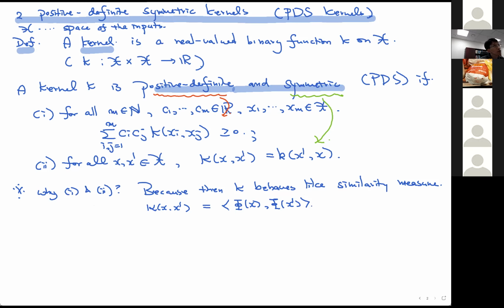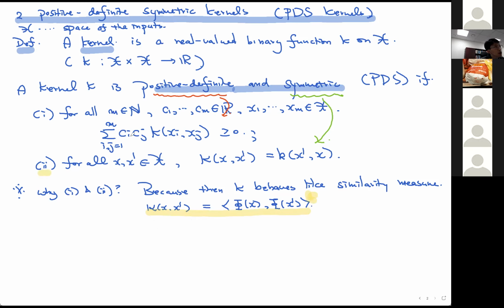In fact, if you think a little, if K is of this form, an inner product, then it has to be symmetric because the inner product is symmetric, so the second condition has to be true.